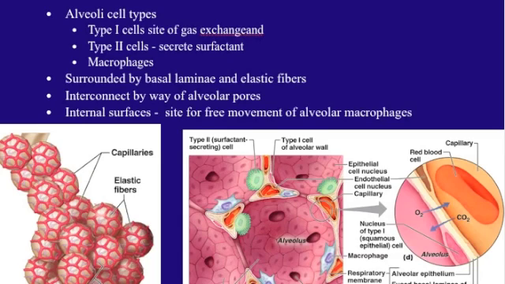It's surrounded by basal lamina and elastic fibers, interconnected by way of alveolar pores. And the internal surfaces are the site for free movement of alveolar macrophages. Right here you see some capillaries, elastic fibers, a type 2 surfactant-secreting cell, and a type 1 cell of the alveolar wall.